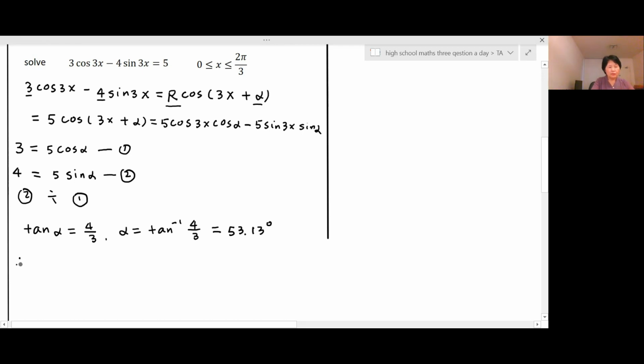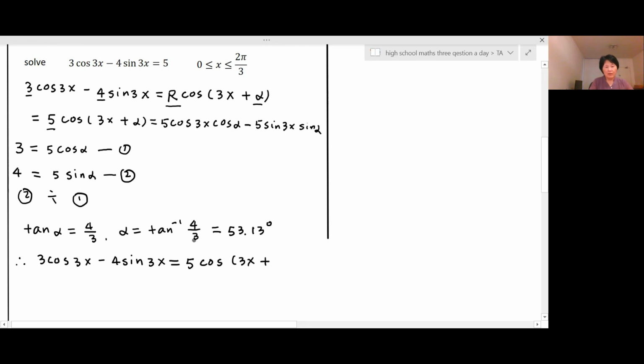So therefore, 3 cosine 3x minus 4 sine 3x equal to r, r is 5. So 5 cosine (3x plus alpha).